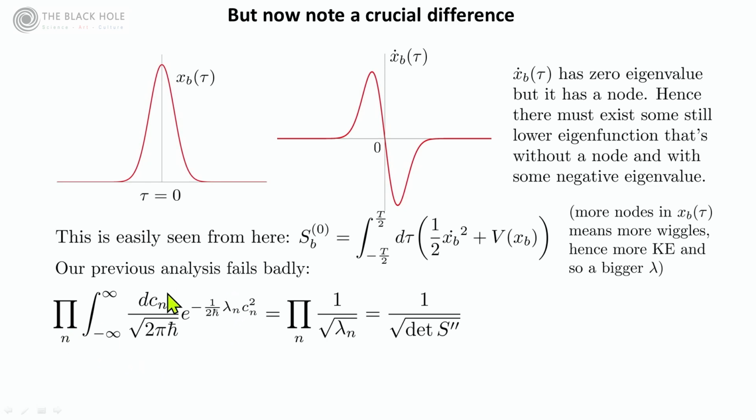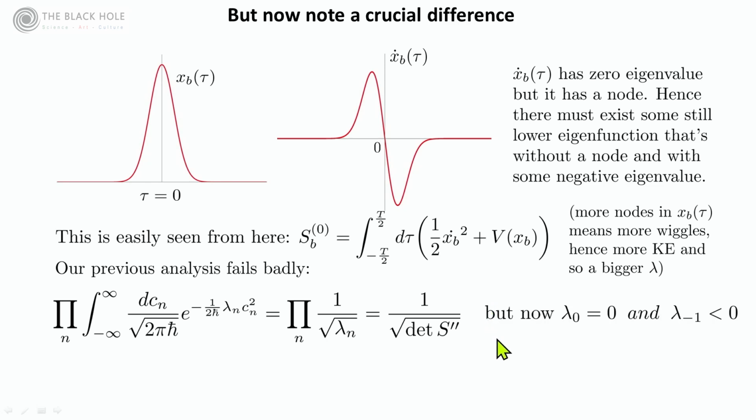Then you have to do this Gaussian integral. This Gaussian integral gives you 1 over square root of lambda n, and that's the determinant of this operator over here, which is fine. Everything is okay.